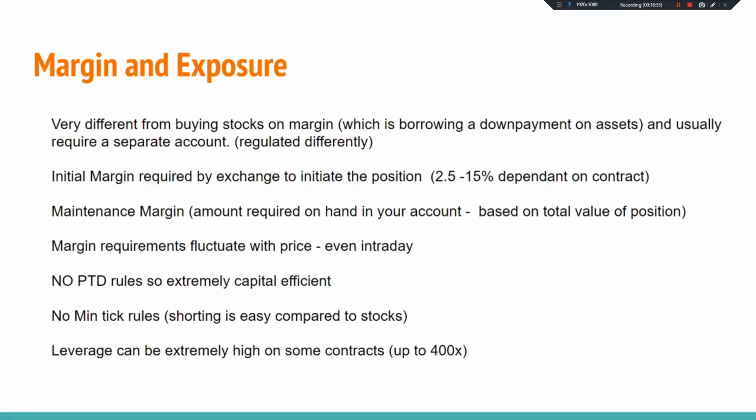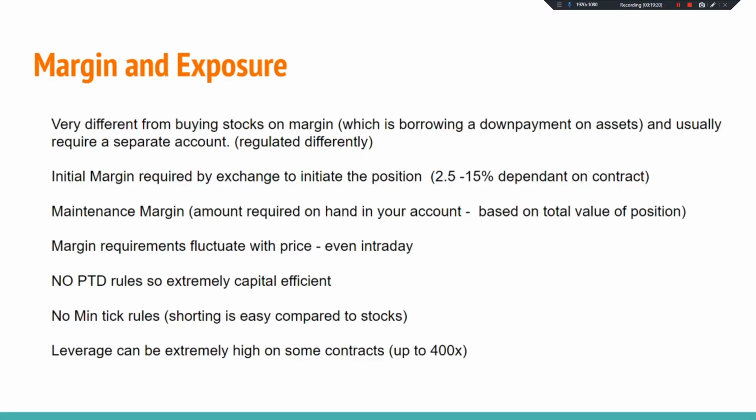A lot of people use futures for day trading. You can day trade futures with quite low capital amounts, less than $25,000, because pattern day trading rules don't apply to futures trading at all. Hence you're getting a lot of these micro and mini instruments that are becoming super popular.